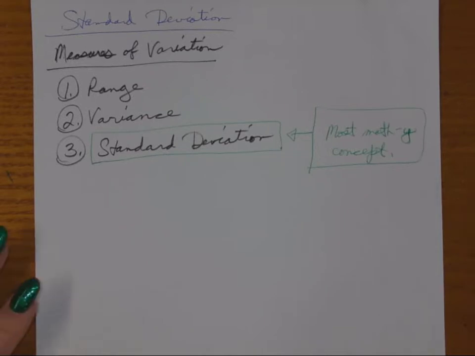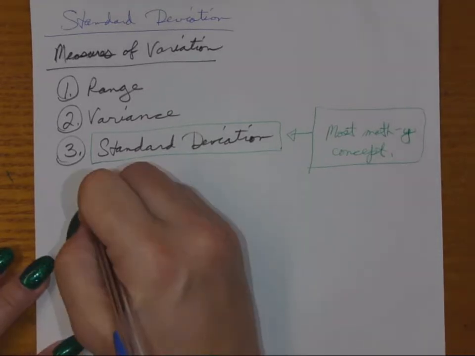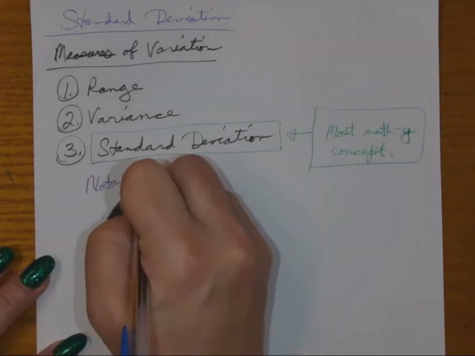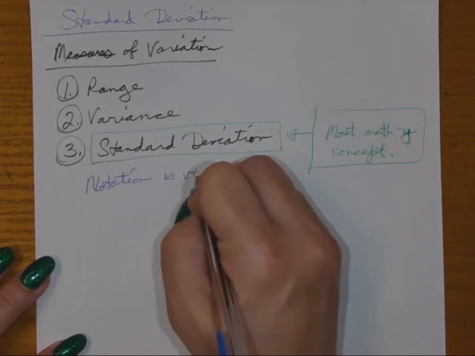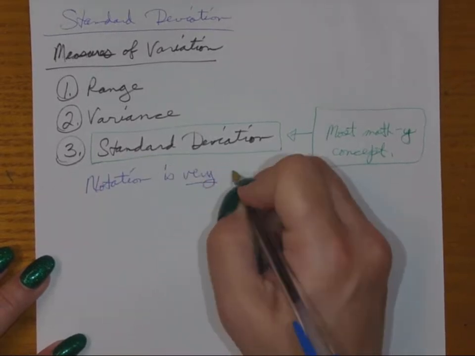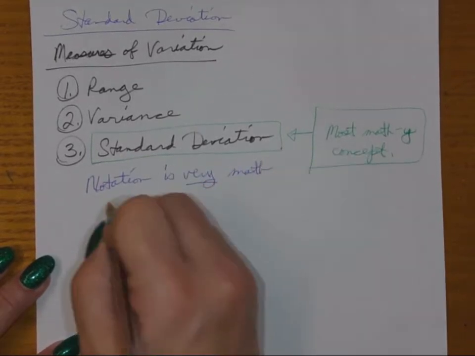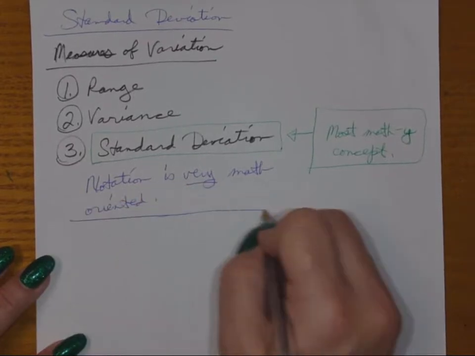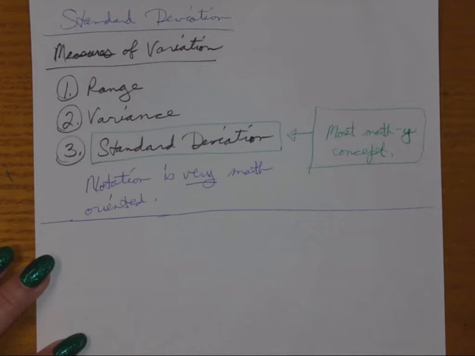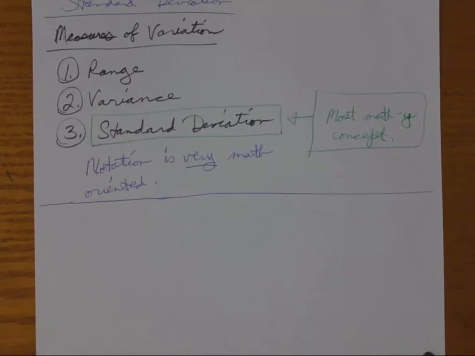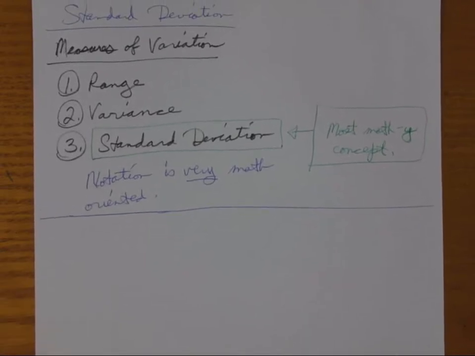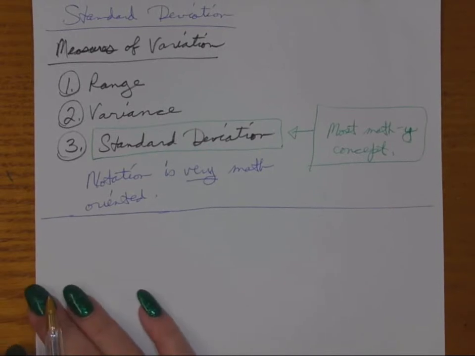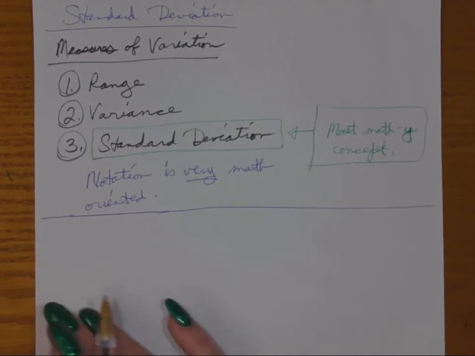You will learn very quickly to read the notation, and I will help you. It's very math-oriented in the notation. So, don't freak out on me. We will work our ways through it together. Standard deviation is a really important stats concept, and so we're going to get there.